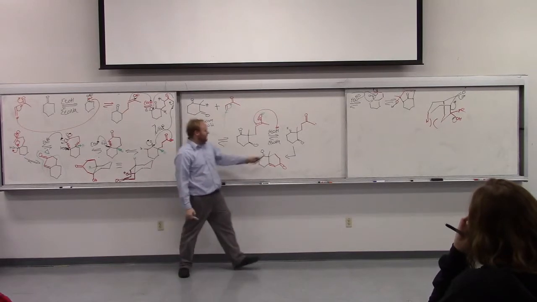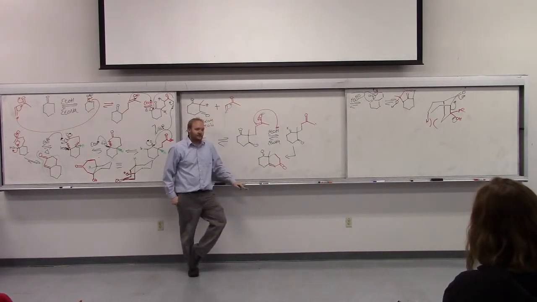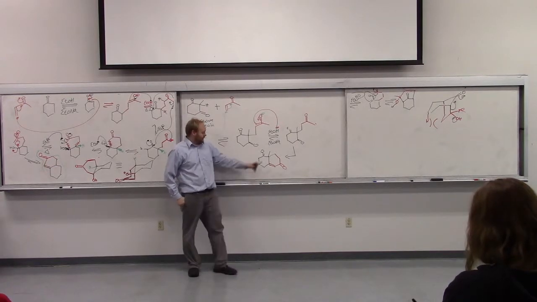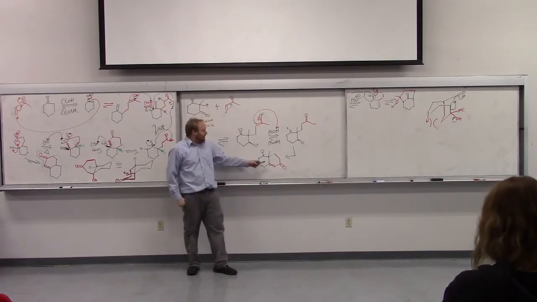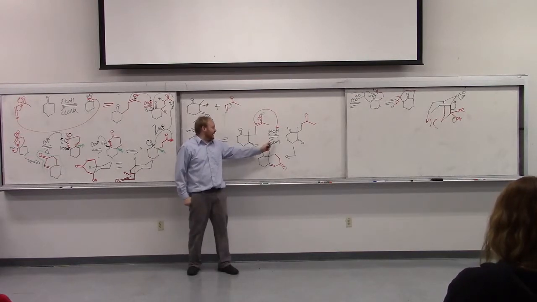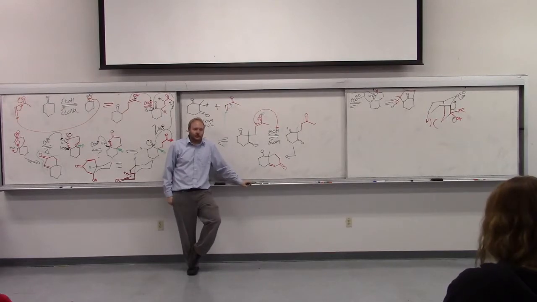Here's my question though, when we do this product, is this a chiral molecule? Yeah, this guy's very chiral. And so we would get this if we just use sodium methoxide and ethanol in one enantiomer, true? Oh sorry, in racemic form.